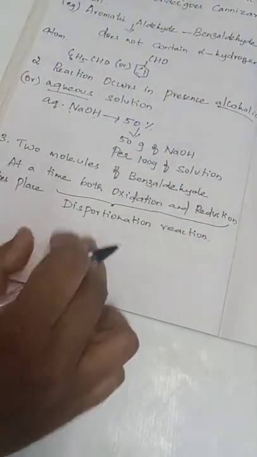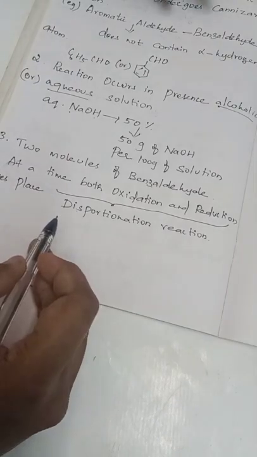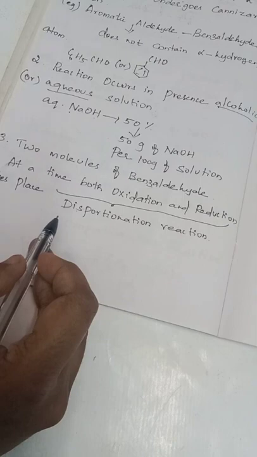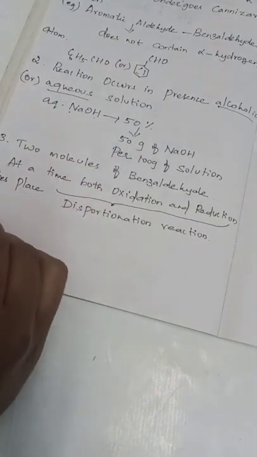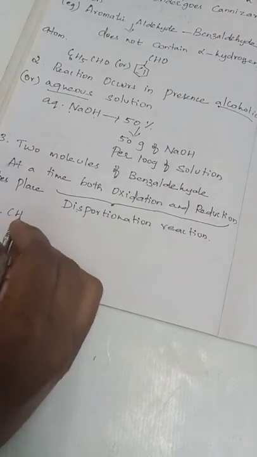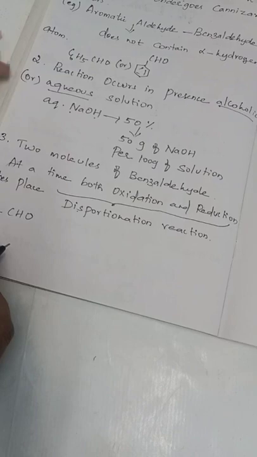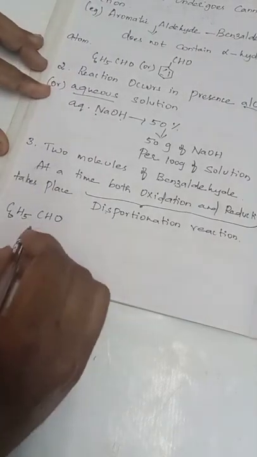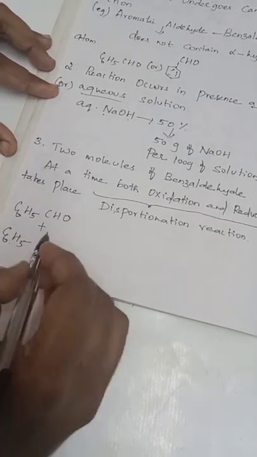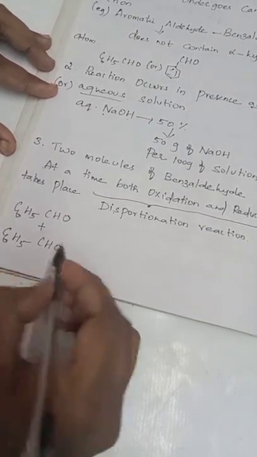I will give you one example of a disproportionation reaction. We have selected benzaldehyde as an example. I am going to write 2 molecules of benzaldehyde. The formula for benzaldehyde is C6H5CHO plus C6H5CHO.